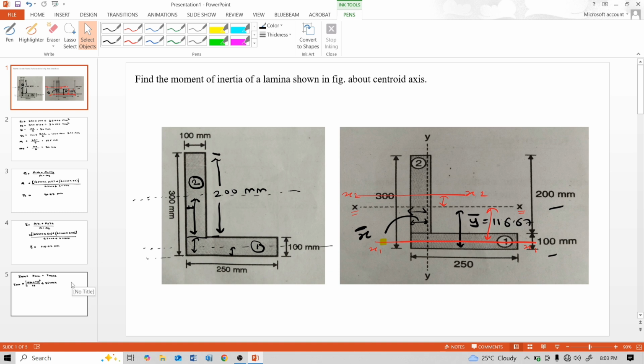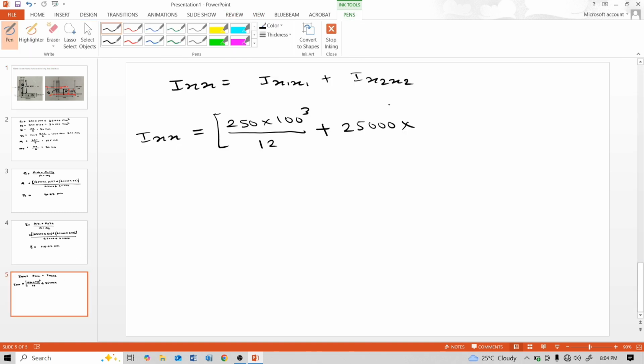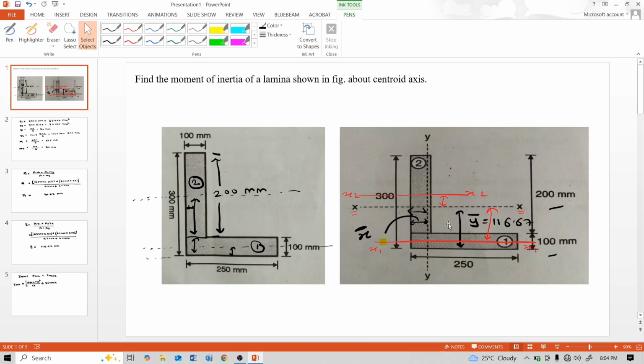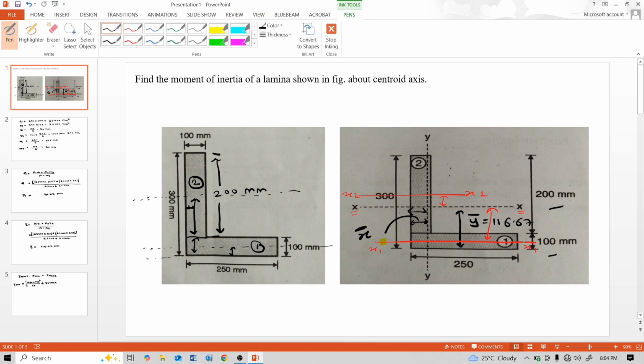That means this y bar is 116.67. This red line vertical distance is this y bar minus 50.